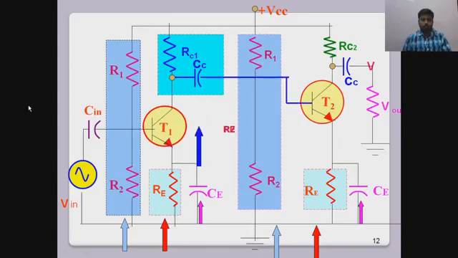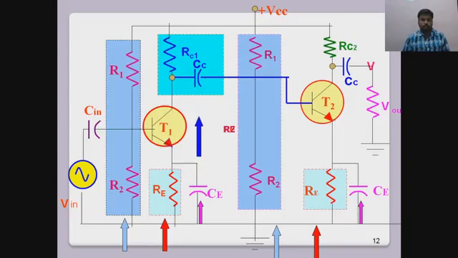See the RC and CC. RC1 of the first stage and CC are now used as coupling elements between stage 1 and stage 2.